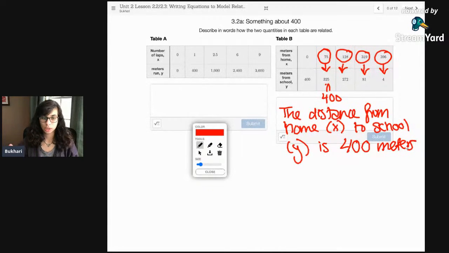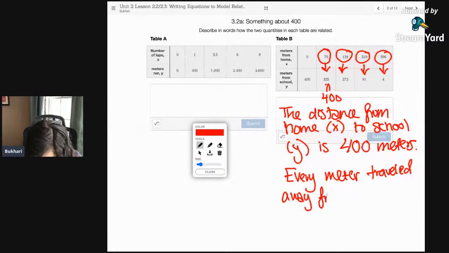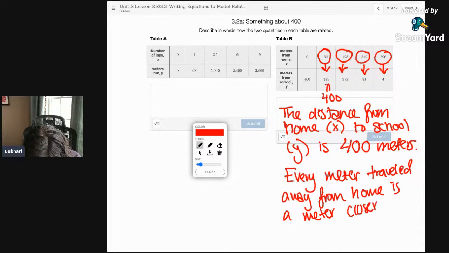And so what happens as I go further from home? I know that every meter traveled away from home is a meter closer to school.